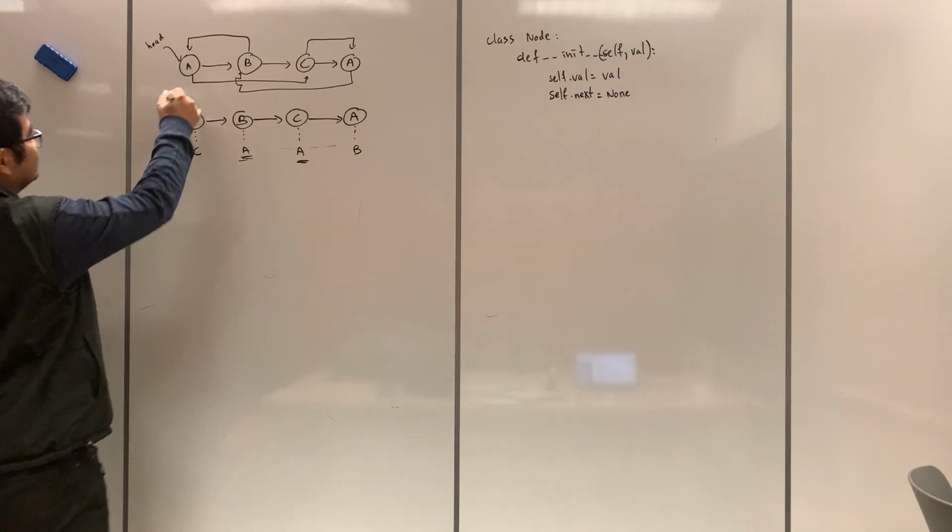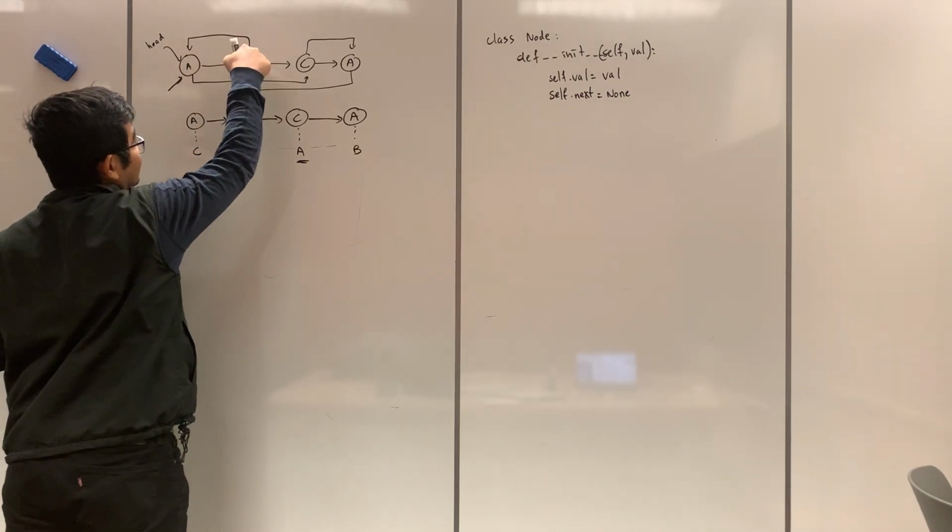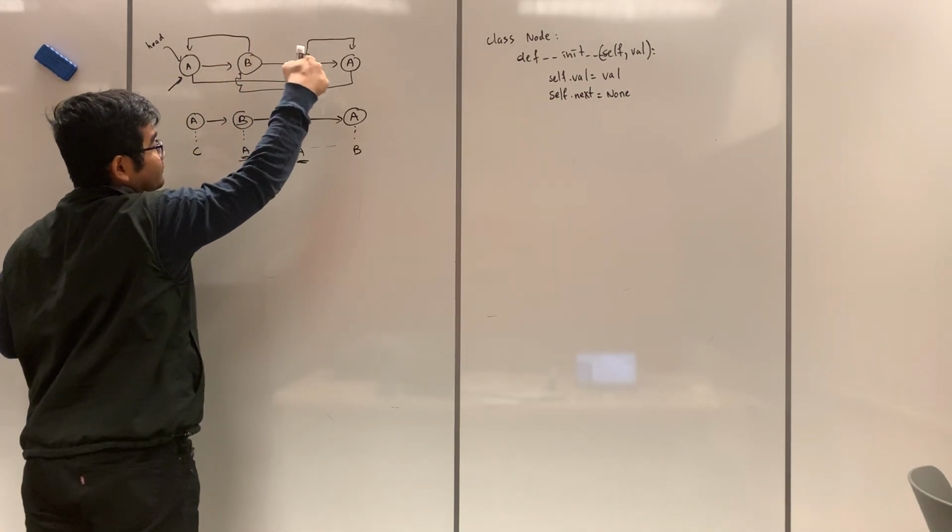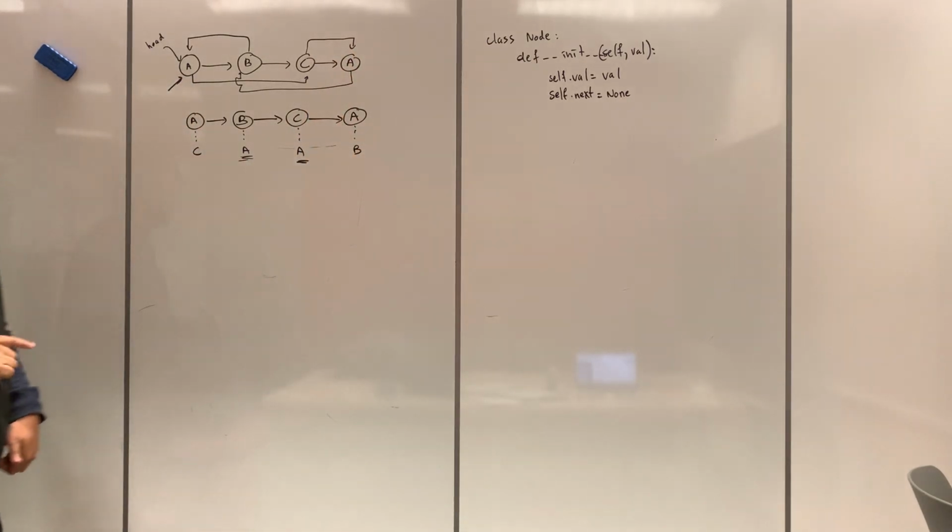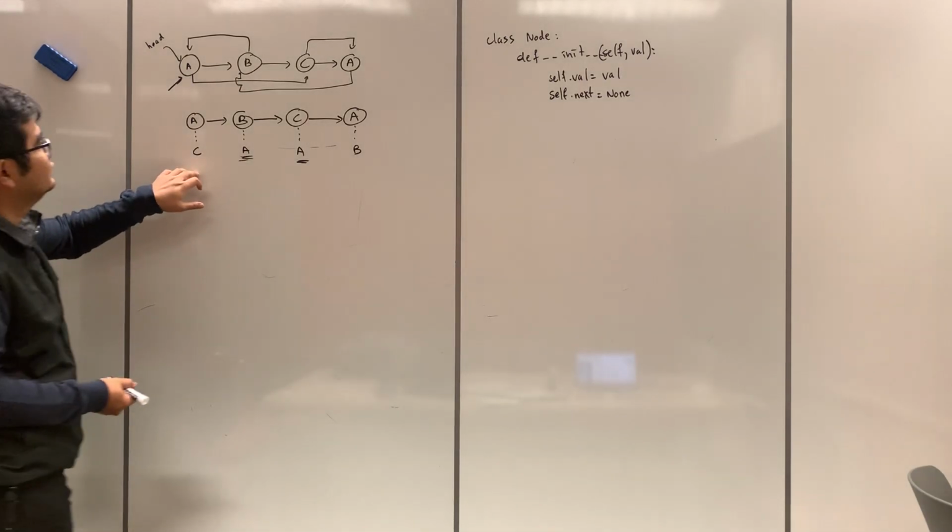So we know that the ID of this is unique, the ID of this is unique, the ID of this is unique, and the ID of this is unique. So I'm saying that we should store the ID of this too.